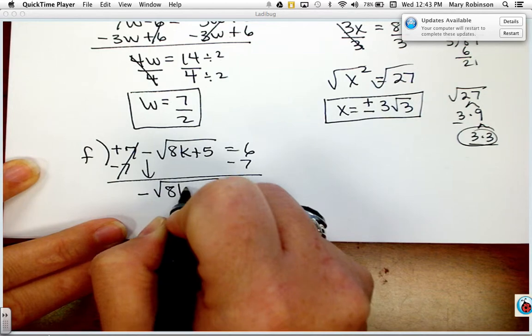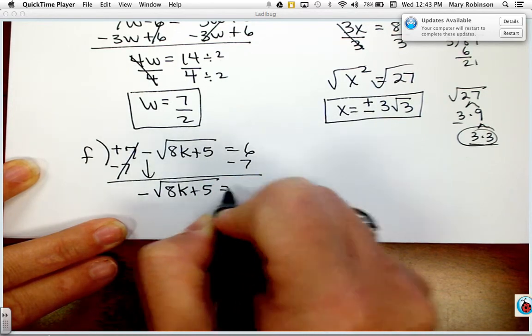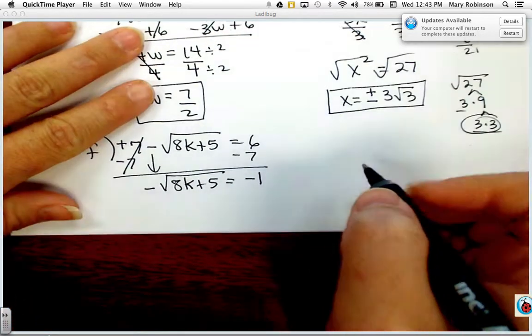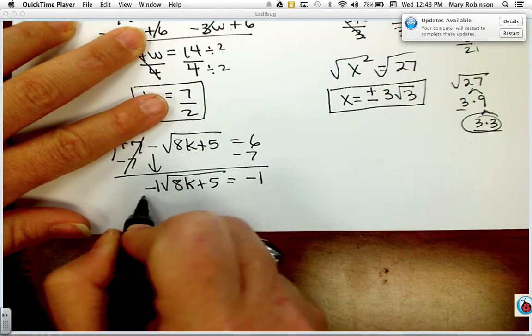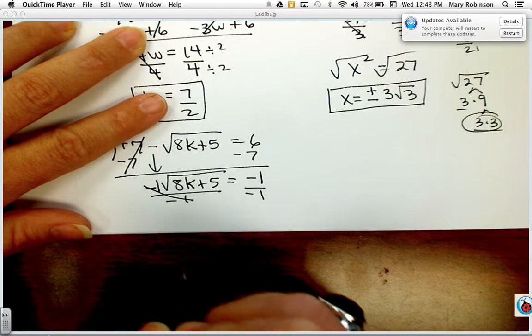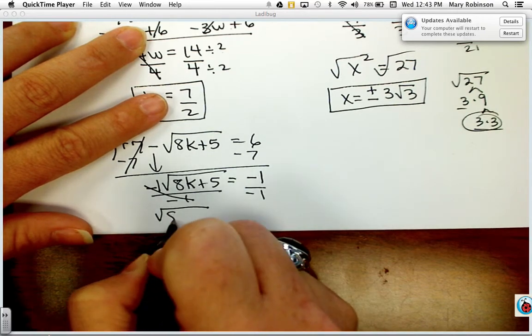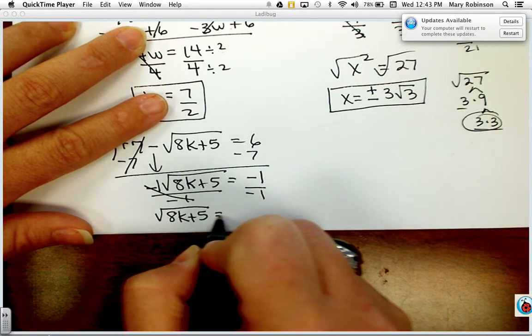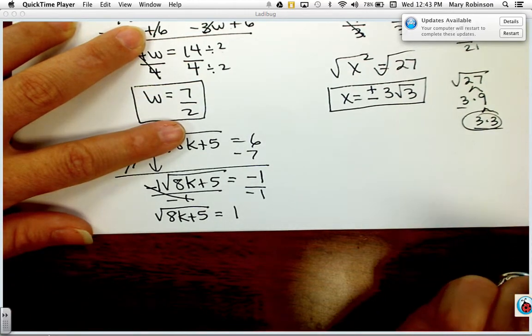Square root of 8k plus 5 equals negative 1. Understand that this is multiplying by a negative 1 essentially, so we can divide that out. That would give us the square root of 8k plus 5 is equal to a positive 1.